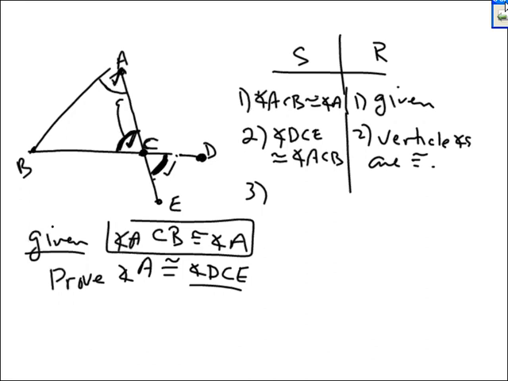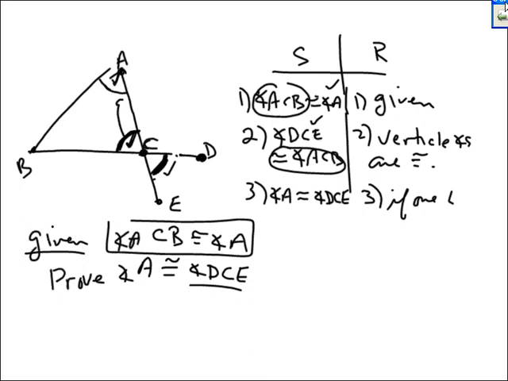So, I have ACB is congruent to A, and ACB is also congruent to angle DCE. Hence, angle A and angle DCE are congruent. This is the transitive law.